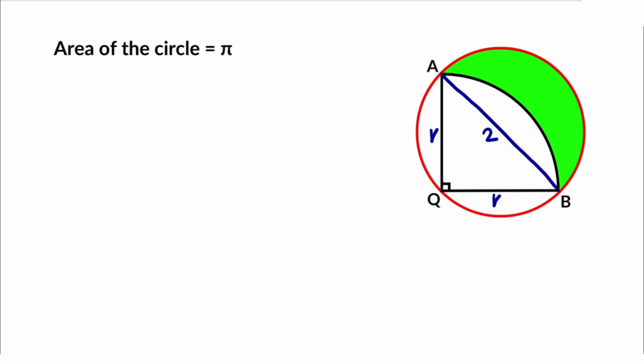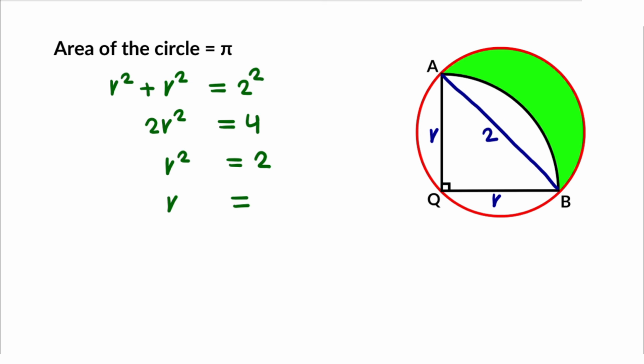Using the Pythagorean theorem, r squared plus r squared equals 2 squared. So, 2r squared equals 4. Divide by 2, and we get r squared equals 2. Taking the square root, r equals the square root of 2. So the radius of the quarter circle is exactly the square root of 2.